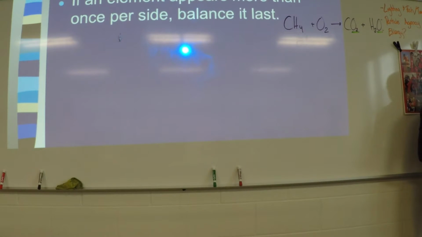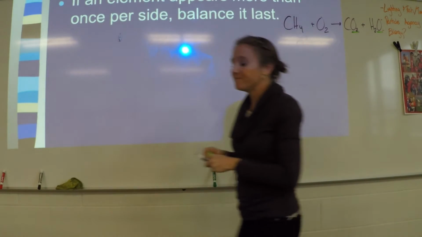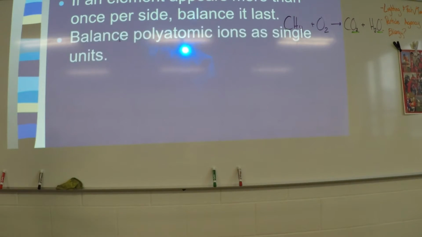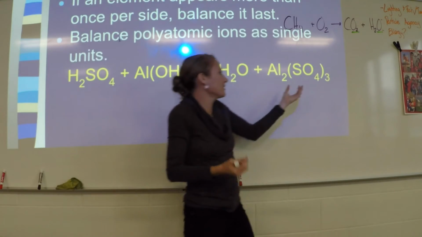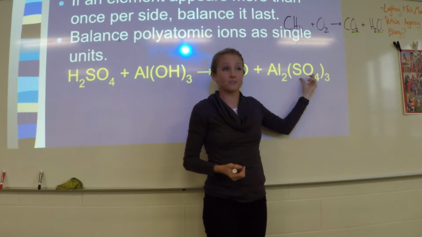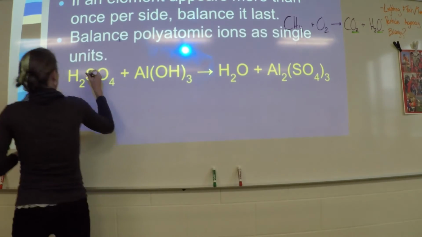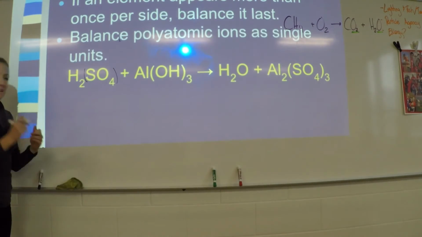Okay? And then finally, another thing you can do that will help speed things up is if there's a polyatomic, you can actually group them as one thing. So for example, in this equation, do you see a polyatomic that is present on both sides? What's our polyatomic? Yeah, SO4. A good way, often, not always, but there's lots of times if there's parentheses around something, we can treat this like one thing.